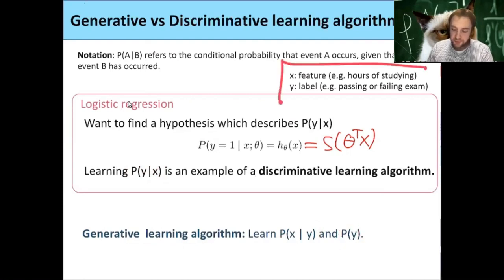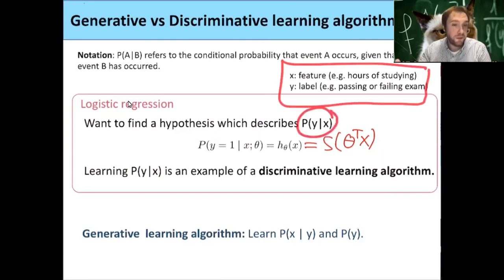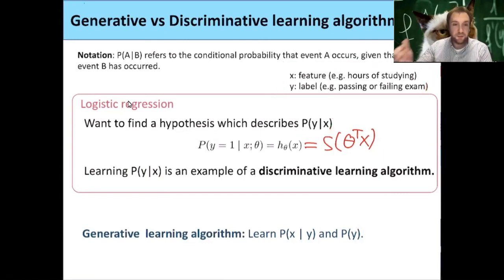In this example, instead of learning the probability of passing the exam given a certain amount of hours studying, we want to learn the probability of a given number of hours of studying, assuming we passed or we failed the exam, and in general the probability of passing an exam.